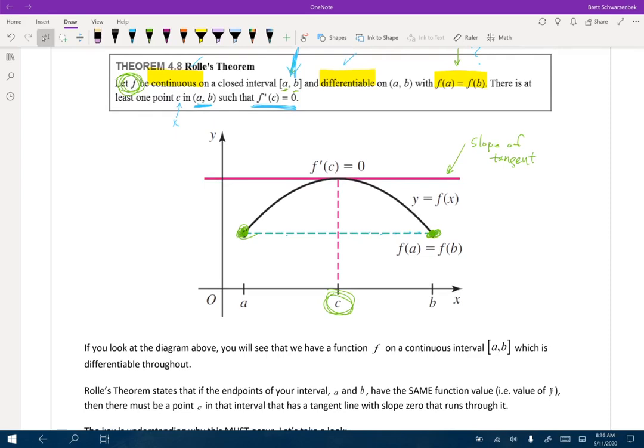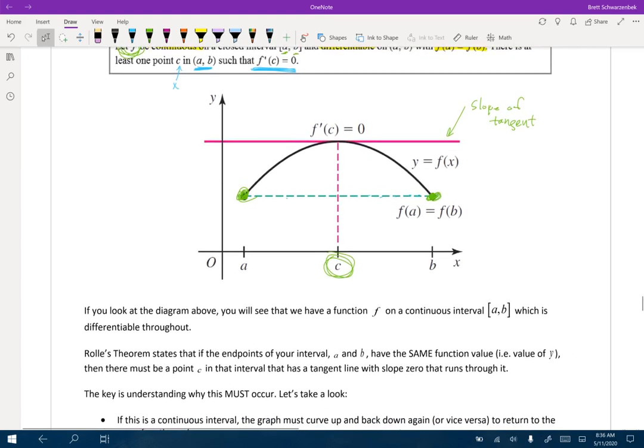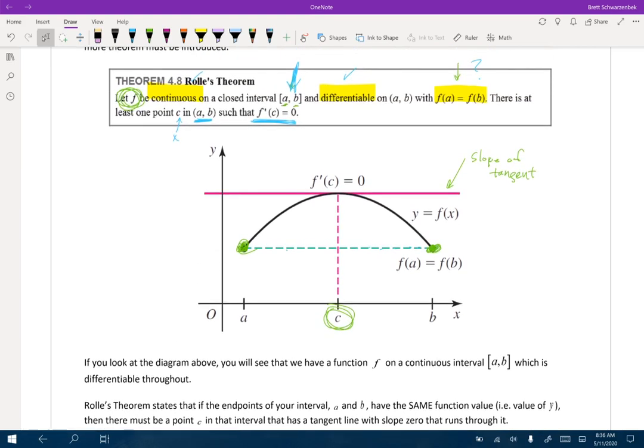It's sort of the basis behind all of that. But this is the key to the concept: somewhere on the curve there must be at least, and remember they use the term at least, which means there could be more than one, but there's at least that many that will occur where the derivative will be 0.